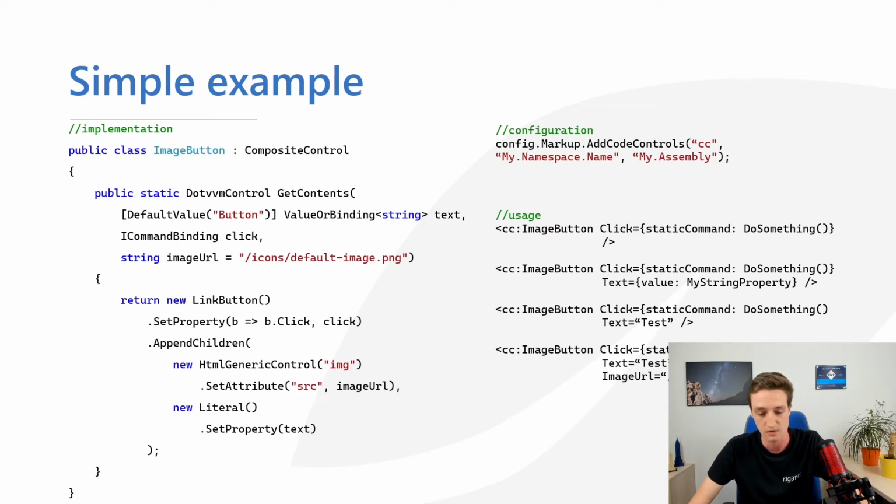So in this case, we see it renders some HTML generic control image, where we set attribute source with set attribute method to image URL. And right next to it, we render the new literal, which is just a simple text, where we set property text to render the simple text.